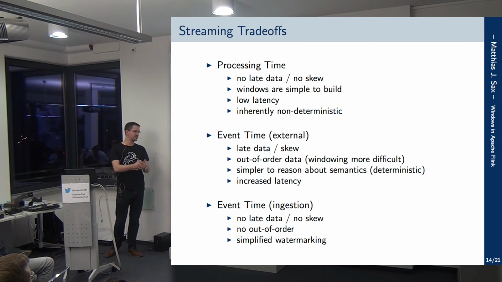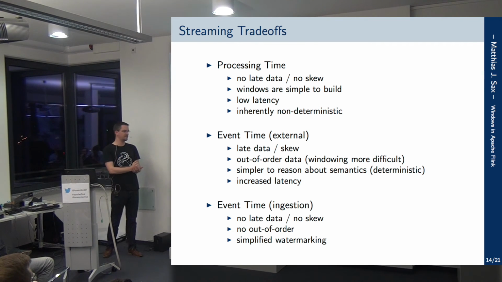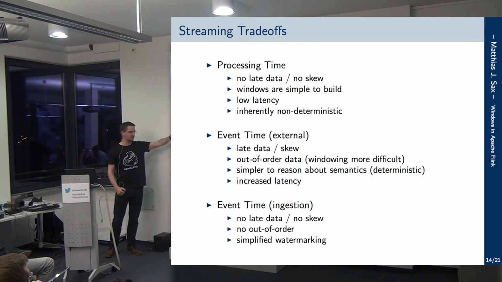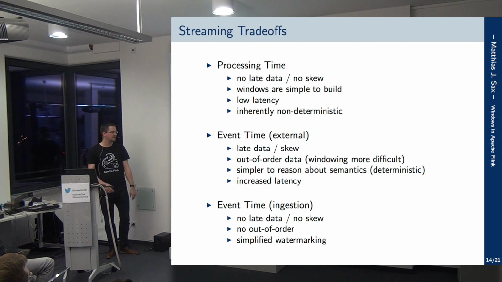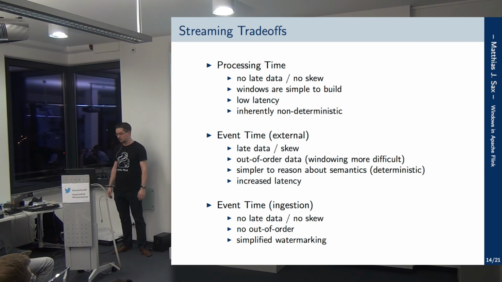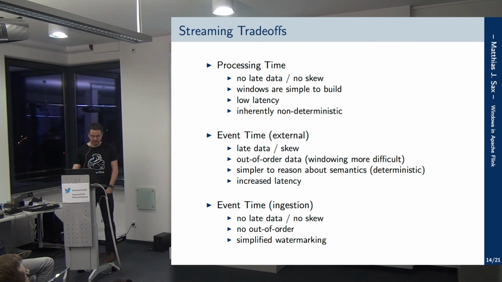So when the tuple is ingested into the system, it gets a fixed timestamp assigned, and then I proceed as if it was a regular event time from outside. The advantage here is there's also no late data and no skew, because I timestamp the data when it comes in. We also don't have out-of-order tuples, obviously, and we can do a simplified watermarking here also. And this yields reduced latency in the system as well.